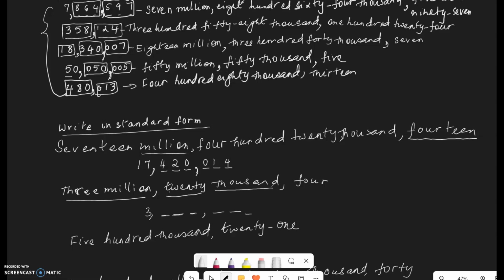So you need to put a 0 first, then the 2 0. So that reads a 20. The next comma stands for thousands. So 3,020,000, and the last 3 blanks have to read a 4. 0, 0, 4.